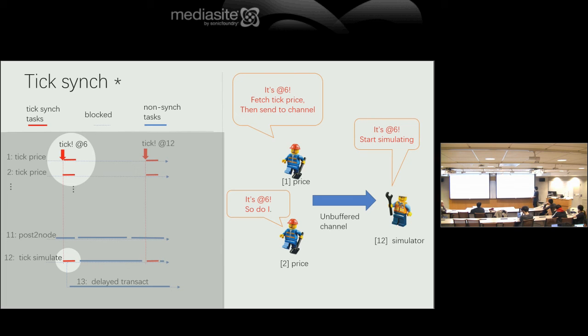And number 12 is the simulator routine here. It is responsible for collecting all this data from the price routines, and then starting the simulation. When the simulation starts, it will generate a delayed transaction, and it will kick off a new routine here.